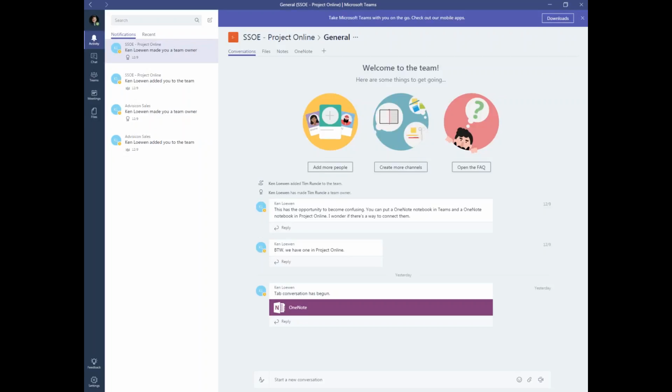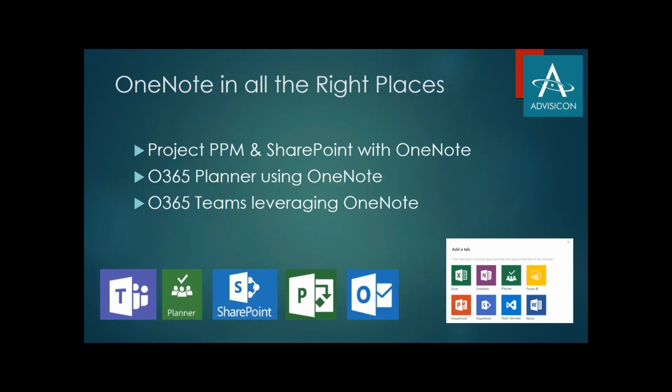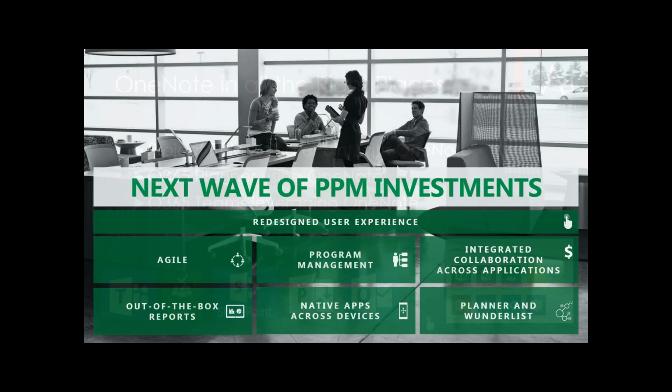All right, with that in mind, I wanted to give everybody a chance to see some of the options that we have, especially with the Kanban and Planner tools and Planner investments. So one of the things you're going to find in terms of the future wave of what's coming to the Microsoft stack is not only agile program portfolio management and a little bit of lightweight task management, but you're going to see this integrated collaboration across the different applications, meaning that you don't have to run to SharePoint, maybe a more monolithic environment.